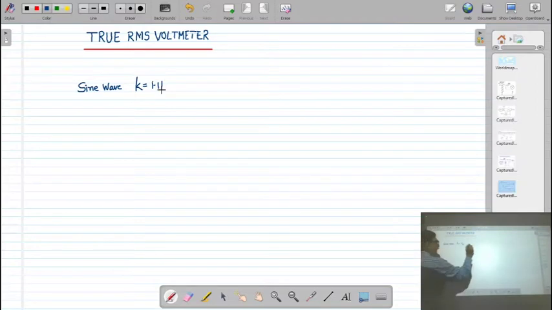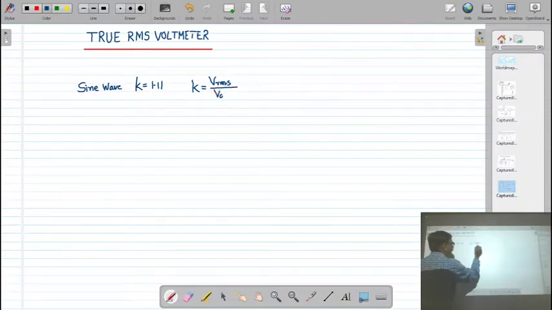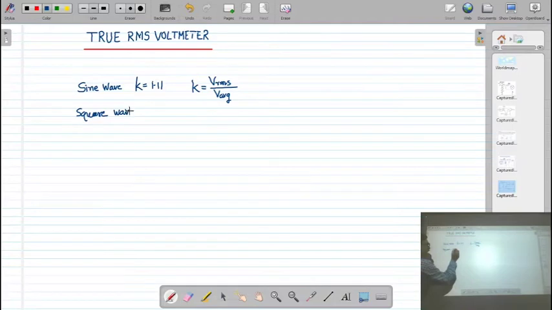Actually, what is the form factor? Form factor is the ratio of the RMS voltage of the AC signal to the average value of the AC signal. And we have calculated the form factor for the sine wave. If we have the square wave, then the form factor is 1.